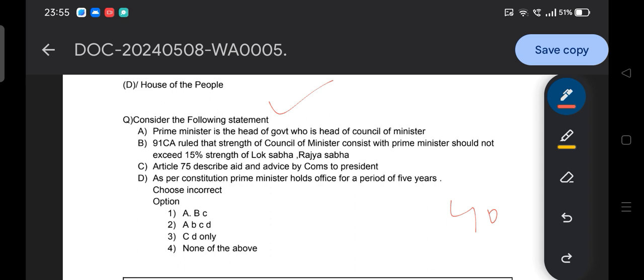Guys, you need to find the incorrect one. Let me change one thing: it is option C, D and B. So the first option is ABC, the second option ABCD, the third option BCD and the fourth option none of the above.